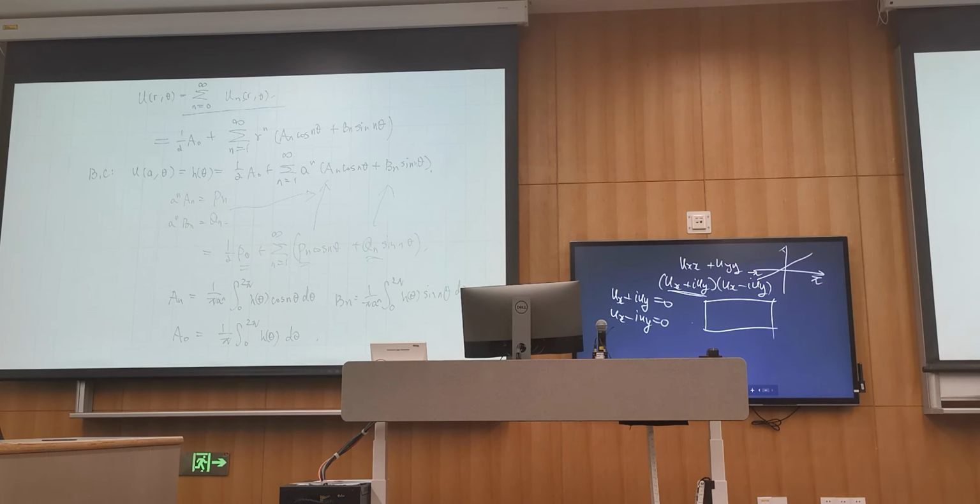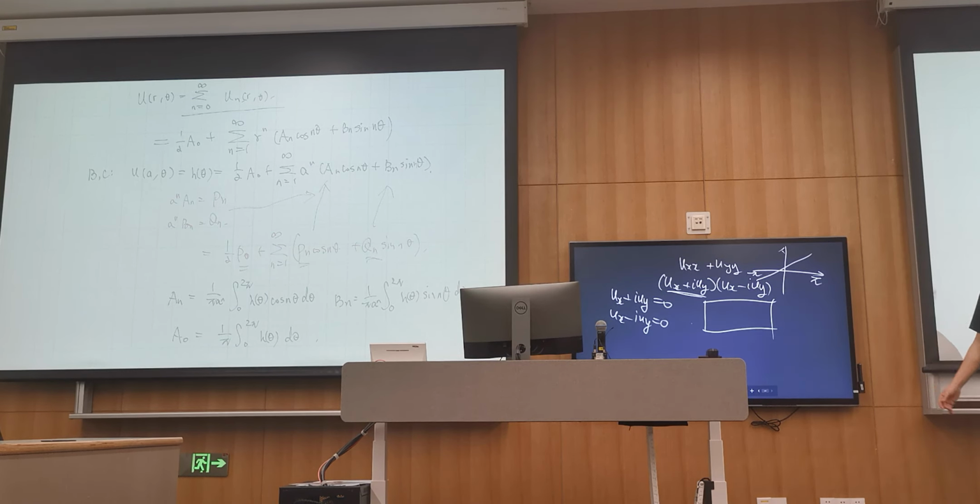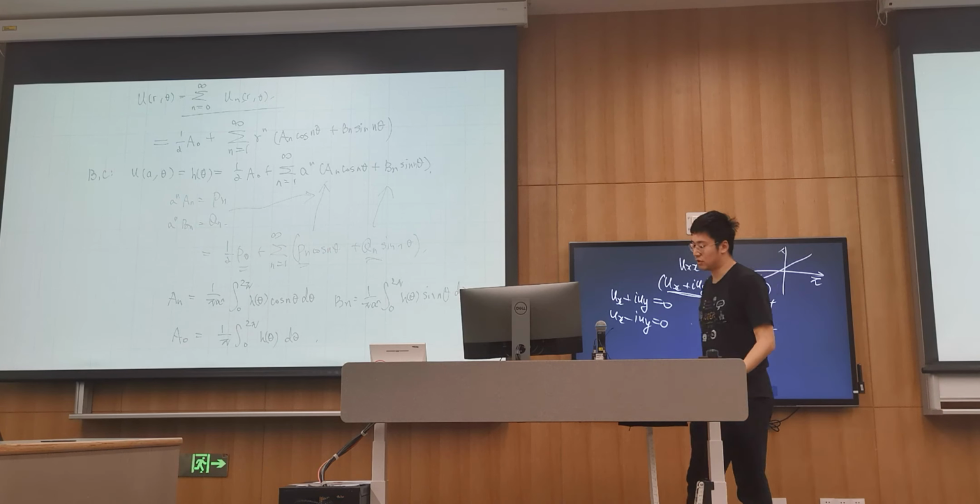Let's say h(theta) is a constant c. Then a0 is 1 over pi times 2 pi c, which is 2c, but there is 1 over 2 a0, so indeed we get c. That tells you that if h(theta) is a constant, then the solution is exactly that constant all over the place within the disk.